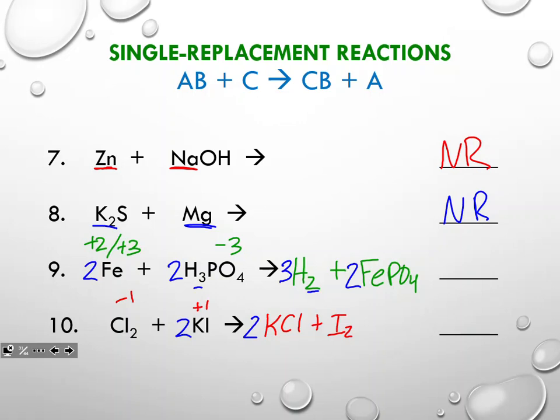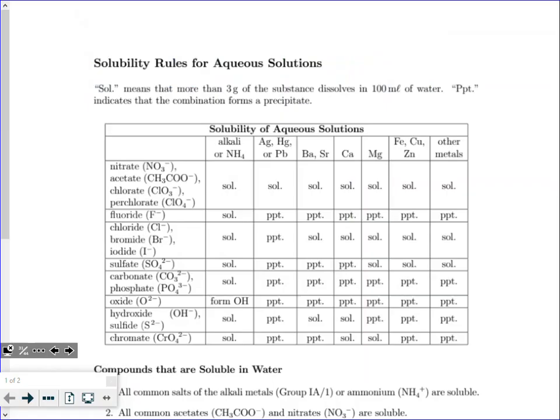All right. Now let's take a look at our new solubility rule chart that's easier to follow. I just want you, though, to realize what these abbreviations mean. It tells you right here, SOL means that more than 3 grams of the substance dissolves. Dissolves means soluble. SOL means soluble.